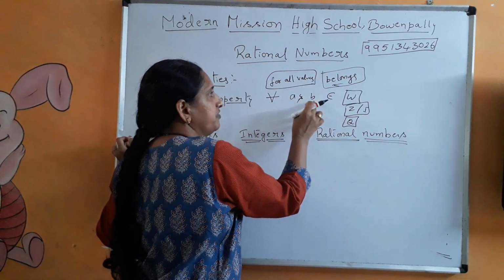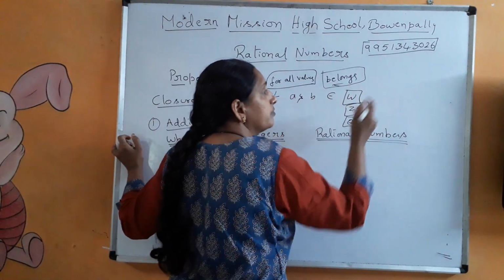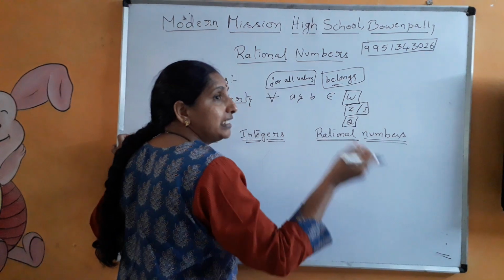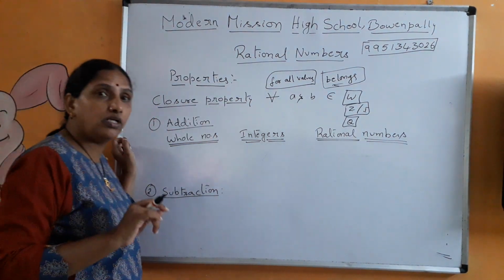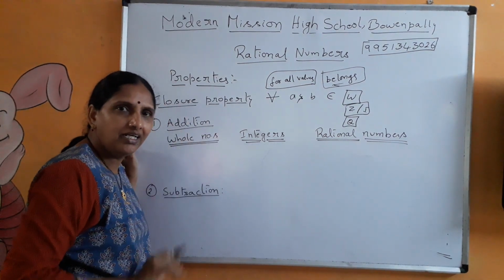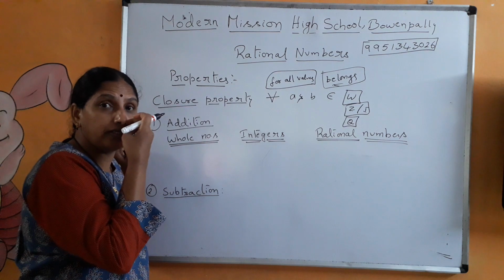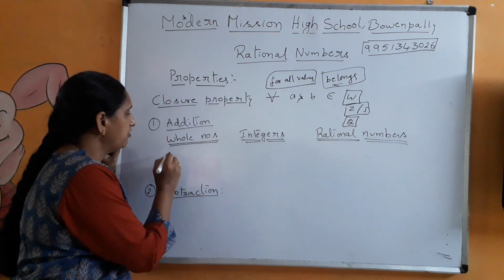For all values of A and B belonging to whole numbers, if A plus B also belongs to whole numbers, then we say that closure property is obeyed by the whole numbers under which operation? Under addition. This is how we are going to write. Okay, let us see here. First we will take the general format. So how are you going to say?